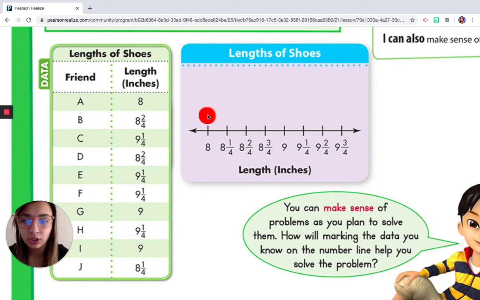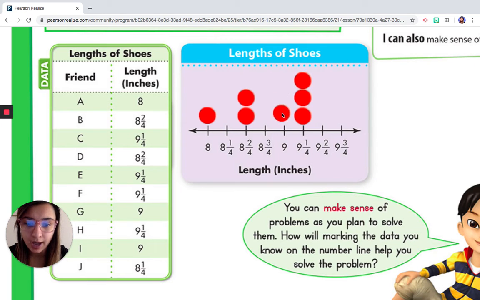Yeah, we have inches. Then I see 8 2/4. I'm going to go ahead and put one there. 9 1/4. Another 8 2/4. So I'll just go ahead and stick it on top. Another 9 1/4. Another 9 1/4. A 9. A 9 1/4.